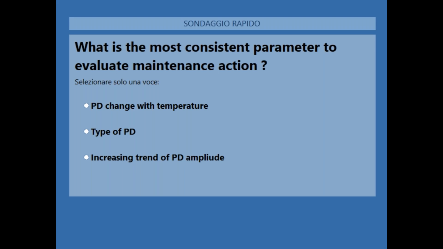Is it type of PD? Or is it increasing trend of PD amplitude? So which one of these 3 parameters would you isolate to be the most important one, which would basically tell you to stop the generator or a motor and to do some maintenance action?